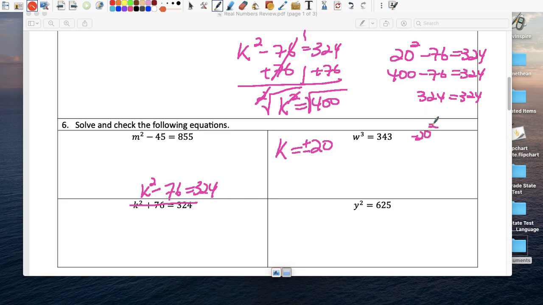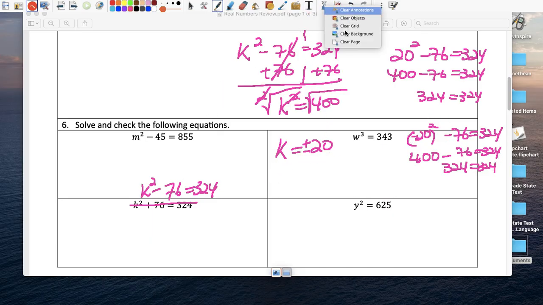If you write it like that, it's 20 that's being raised to the second power, not negative 20. So you need to put a parenthesis here. Minus 76 equals 324. Negative 20 times negative 20 is 400. And notice that left side equals right side. So negative 20 and positive 20 are the answers to that equation.